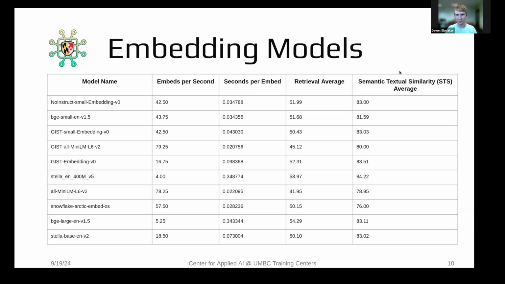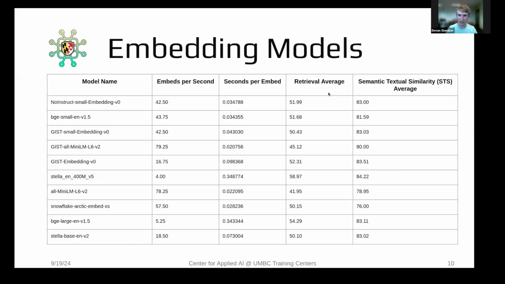Now, retrieval average. This is from a website on Hugging Face that lays out a bunch of these different embedding models and has different metrics of measure. One of them is retrieval, one of them is semantic textual similarity, and these are the top two things that you would need for RAG. The biggest of the two is retrieval, because without a good retrieval metric, you're just not going to be getting relevant documents back.